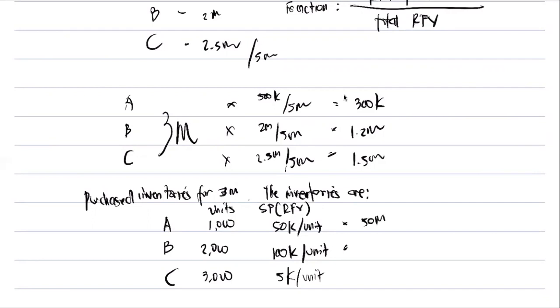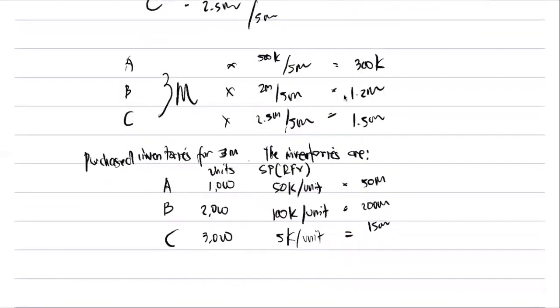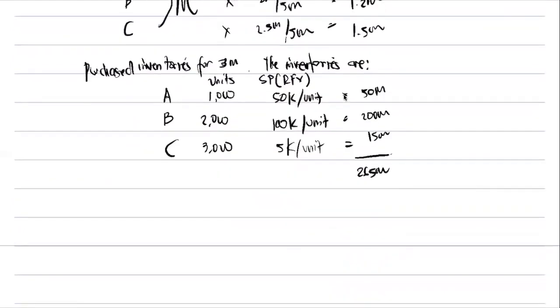Next, 2,000 times 100,000 is 200 million pesos. And next, 3,000 times 5,000 is 15 million pesos. Okay, so this will give us 265 million.